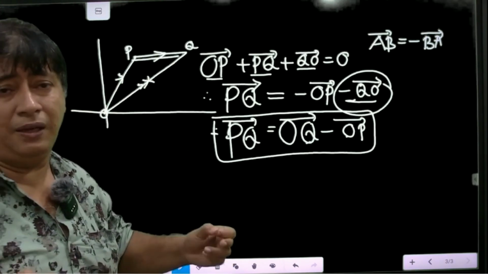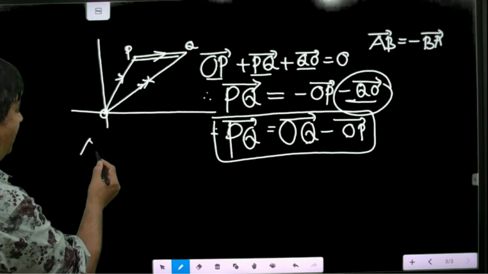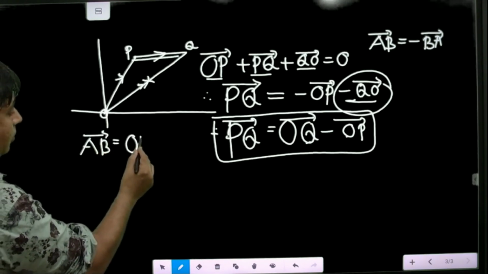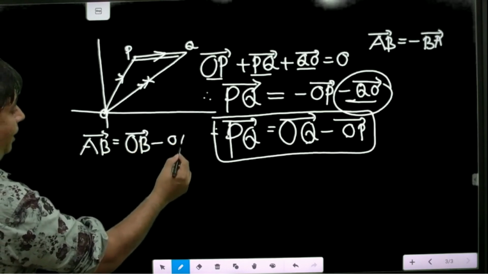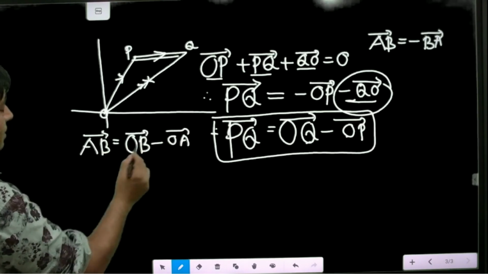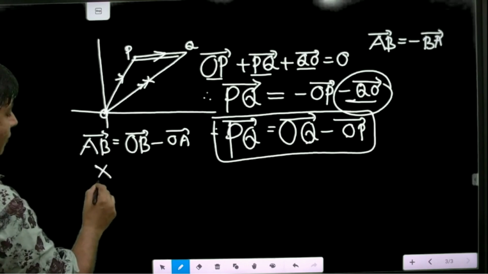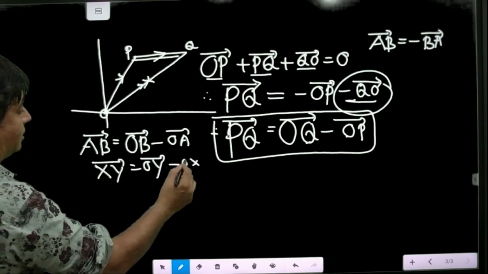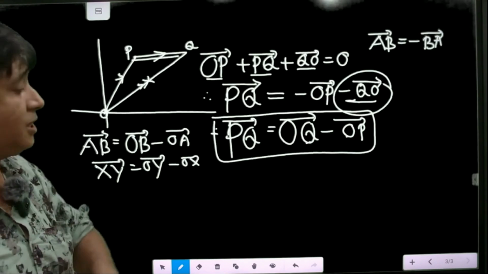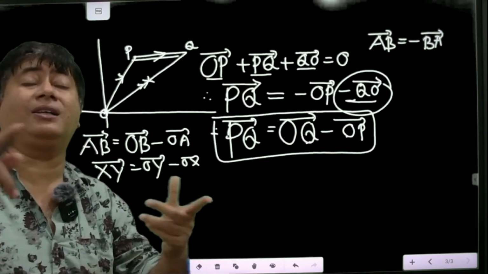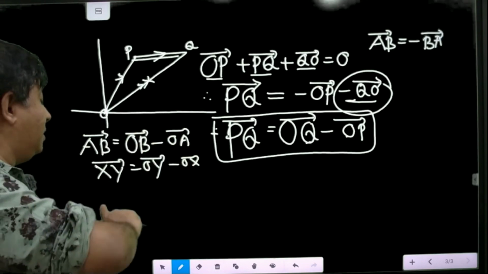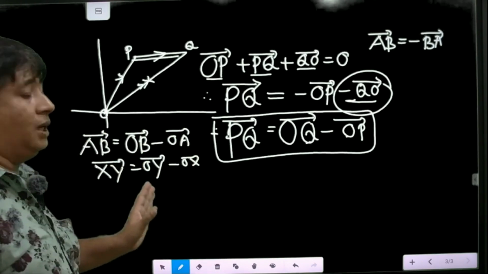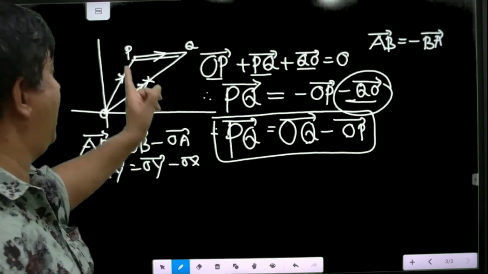Okay, keeping parity, we can split the vectors in this way with respect to origin. OP minus OA, final minus initial, like the XY vector, I can write OY minus OX. So if you express the vector as the difference of two other vectors measured with respect to origin, meaning position vectors, then you will not be confused in putting the arrow sign.